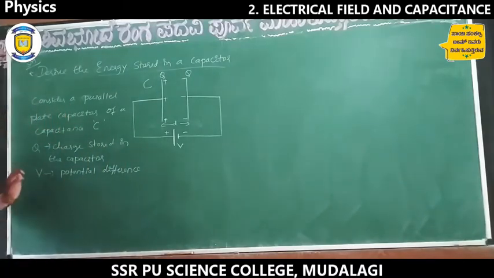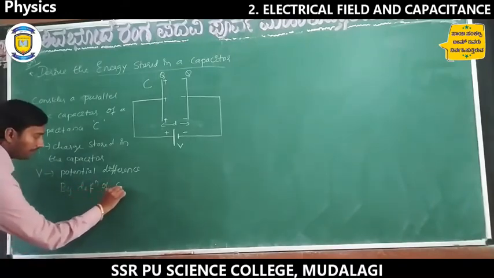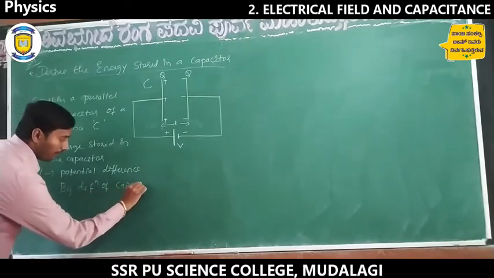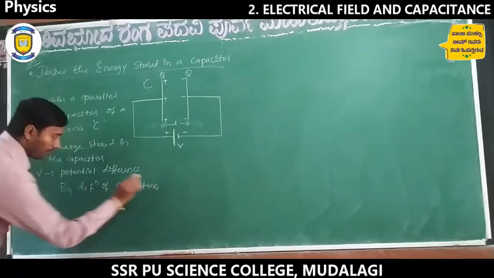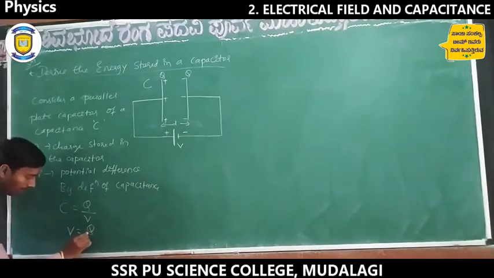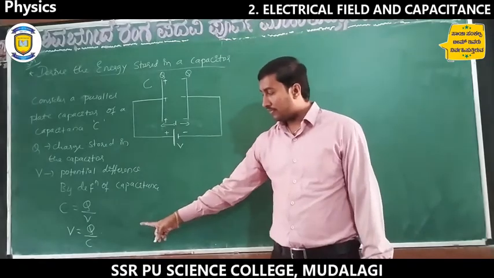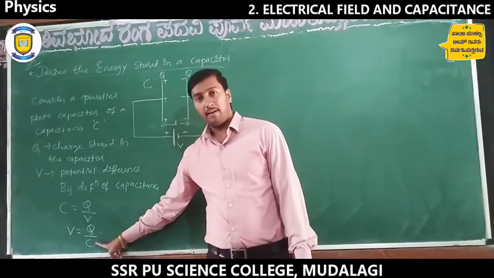By the definition of capacitance, C equals Q by V. Correct. In terms of V, V equals Q by C. So the potential difference is equal to the charge by capacitance.